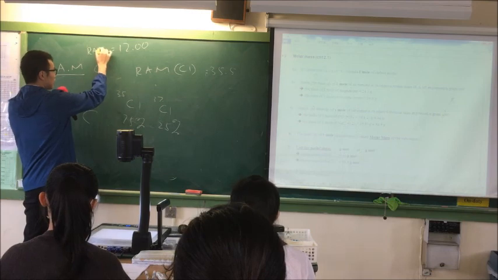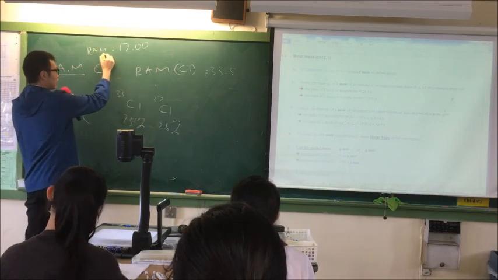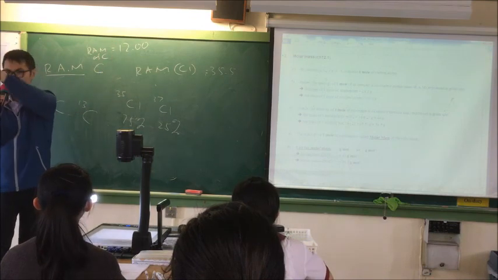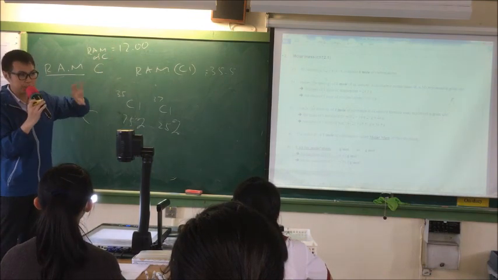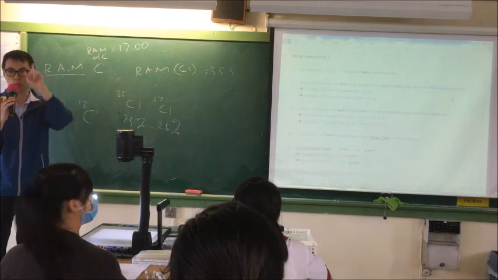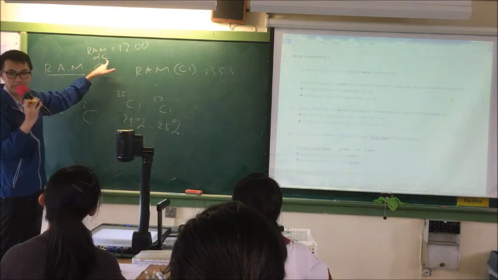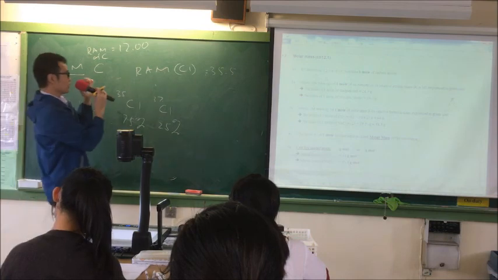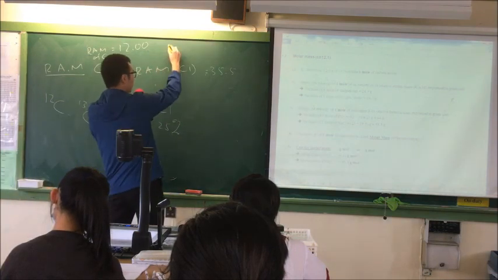For example, the RAM of carbon 12 is around 12.00, right? RAM of carbon is 12.00000. Okay, so because we have defined 1 mole of carbon equals 12 grams, we will have a term, molar mass.